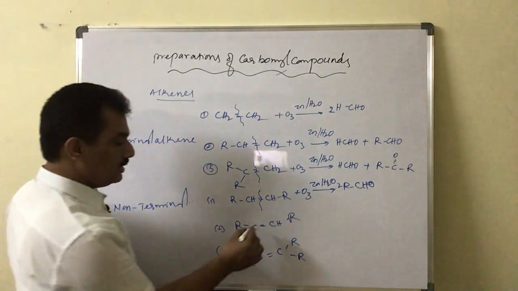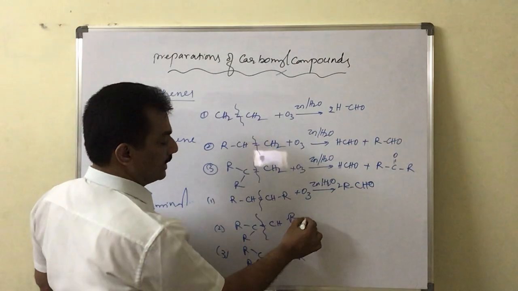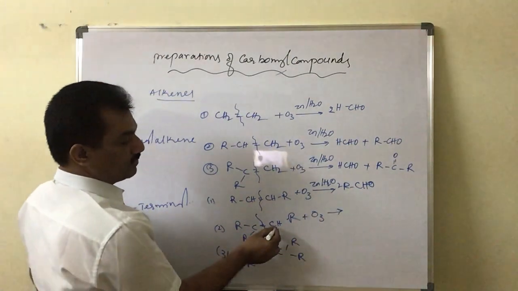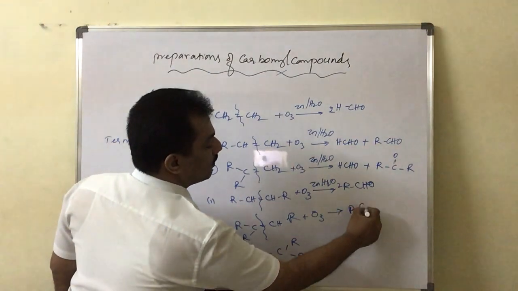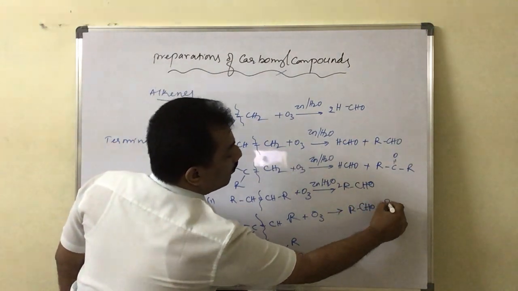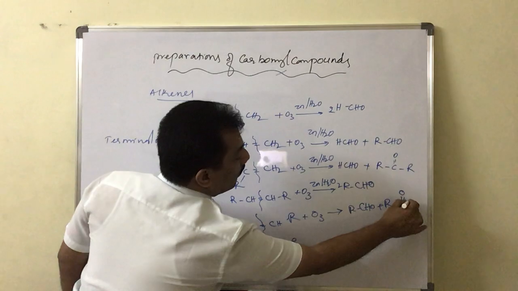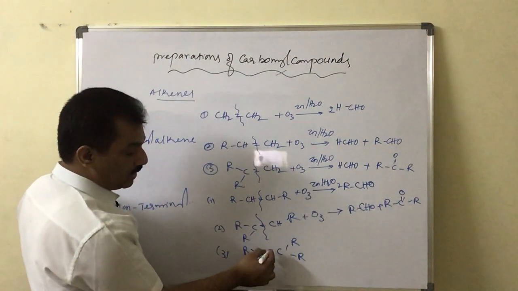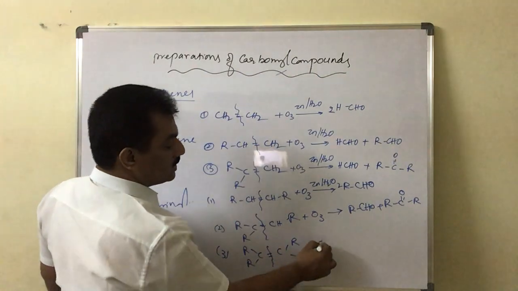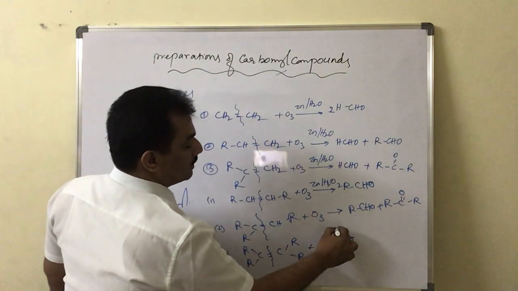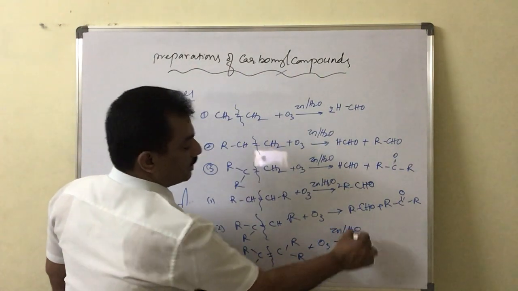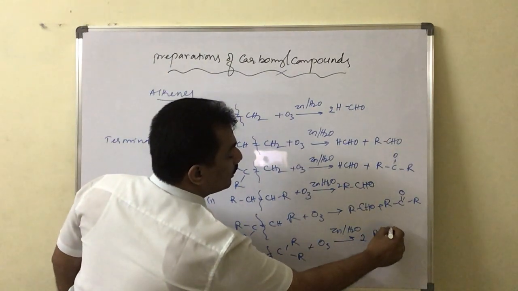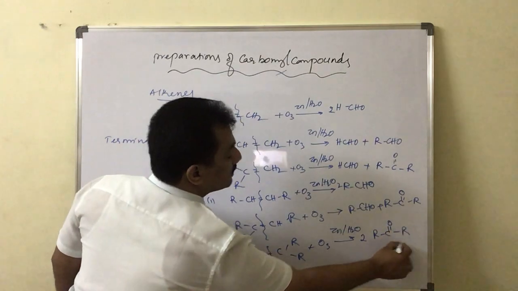In this case, I think you can easily guess, because one is without hydrogen and the other has 1 hydrogen, it forms 1 aldehyde plus 1 ketone. And in this case, there is no hydrogen on the double bonded carbon, and hence this reductive ozonolysis, that is ozonolysis in presence of zinc, will lead to 2 moles of ketone, like this.